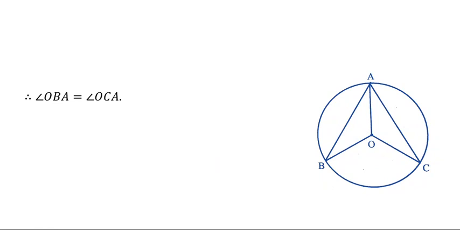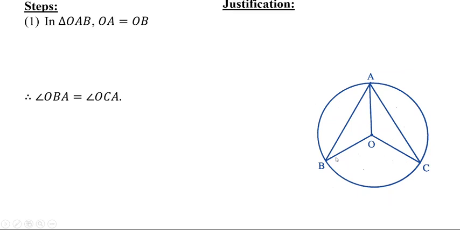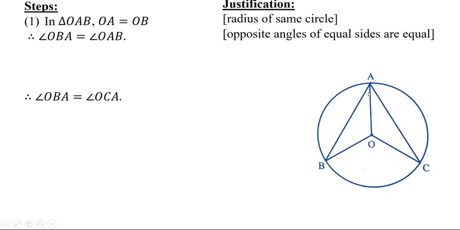Using this figure, we'll prove angle OBA and angle OCA equal this way. First step, in triangle OAB, OA and OB are equal because they are radii of the same circle. Therefore, angle OBA and angle OAB are equal because angles opposite equal sides are equal.